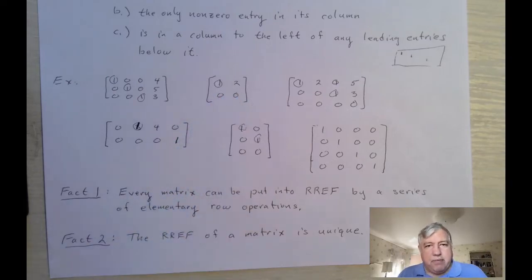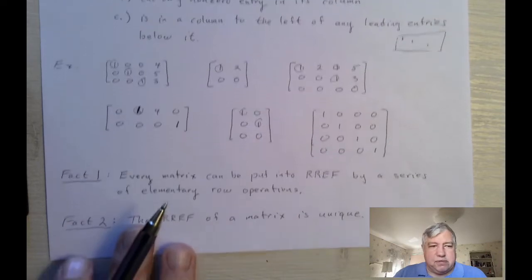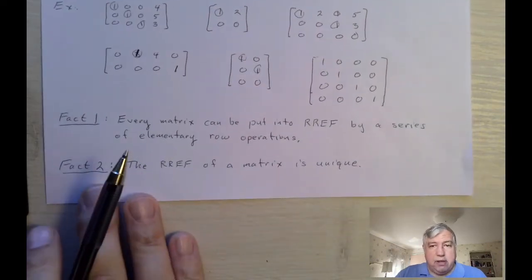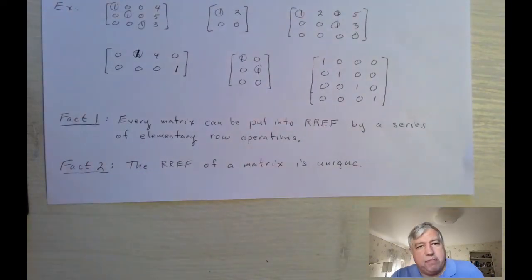And the nice thing about this is if your augmented matrix is in reduced row echelon form, we're going to see it's very easy to solve the system. And every matrix can be put into reduced row echelon form by a series of elementary row operations. Okay, there's an algorithm for that. We're going to talk about that in a moment.